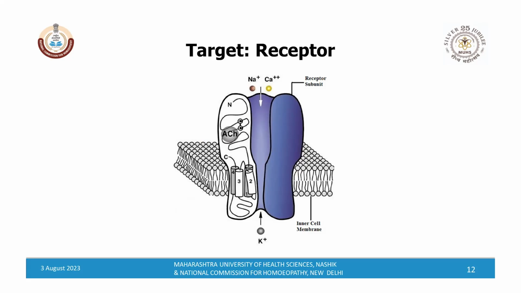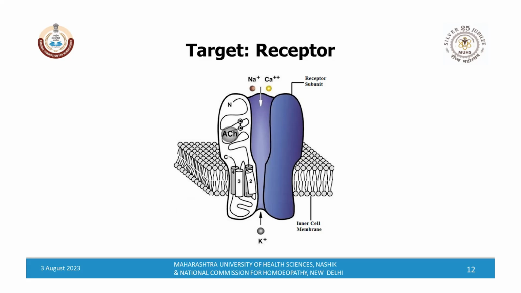The most important target, and the one which maximum drugs use, is the receptor. What is a receptor? A receptor is a macromolecule present either on the cell membrane or inside the cell. In our body, there are multiple types of receptors.